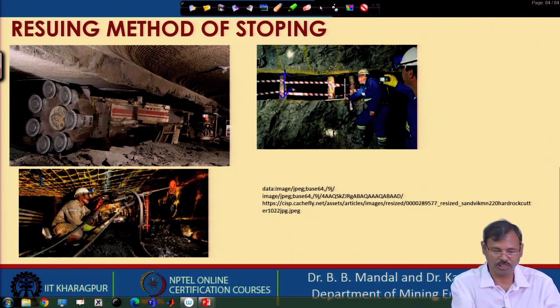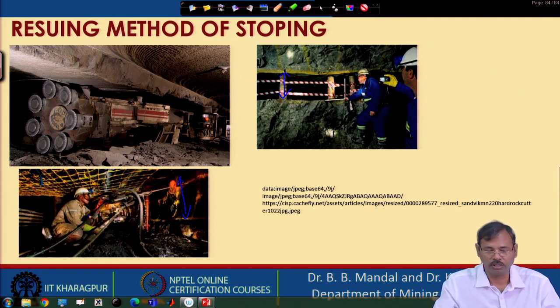You can see in this figure, this is another narrow vein, and a person cannot stand there enough to carry out his drilling work, etc. Where the space is not significant and the thickness of the deposit is less, that is called a narrow vein, and generally it is not comfortable to work in.